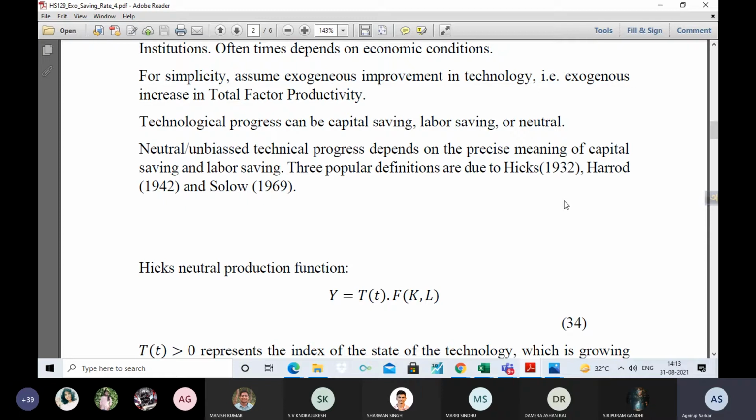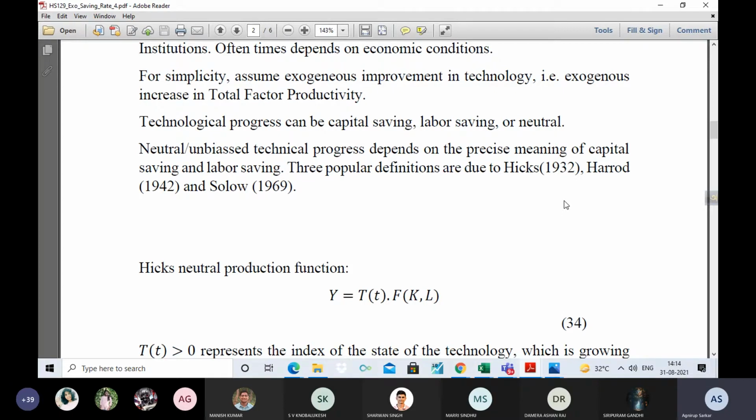So you take any fixed capital to labor ratio and you find the ratio of the marginal products, that is the marginal products of capital and labor, and this ratio should remain unchanged for any given capital to labor ratio, right? So for any given K by L, the ratio MPK by MPL should also be constant.